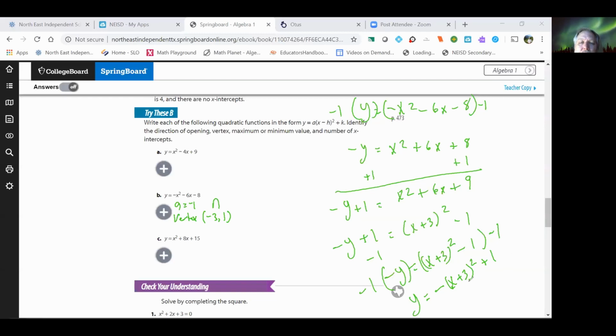All right, and so if we think about where this is going to be, it's going to be at the maximum value of 1, and it's going to be going down. So it's higher than the x-axis, it's going towards it, so there's going to be 2 solutions, or x-intercepts.